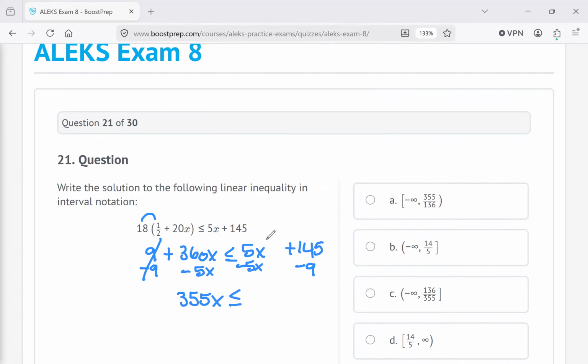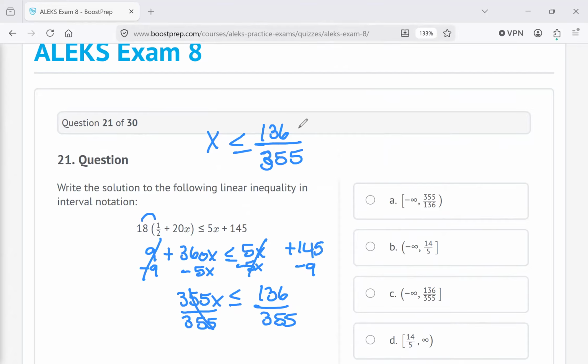This cancels. 125, that's 9, it's 126. Divide this by 355. At 136. So x is less than or equal to 136 over 355.